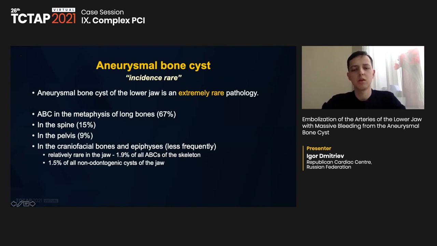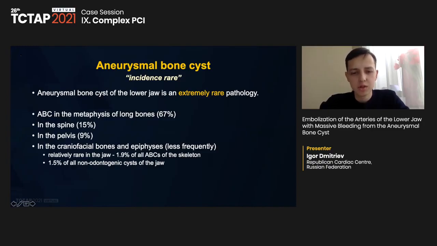Aneurysmal bone cysts are non-cancerous tumor-like vascular formations consisting of filled blood ducts. Although they can be found in any bone, they are most often found in the thigh, lower leg and vertebra. Aneurysmal bone cysts of the lower jaw are an extremely rare pathology.